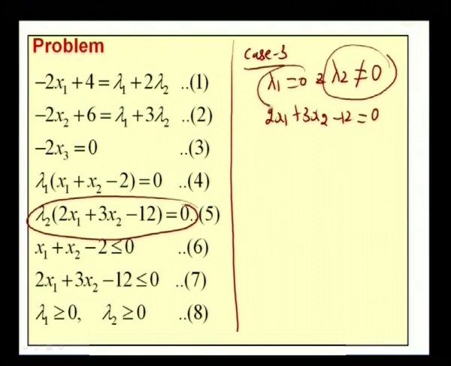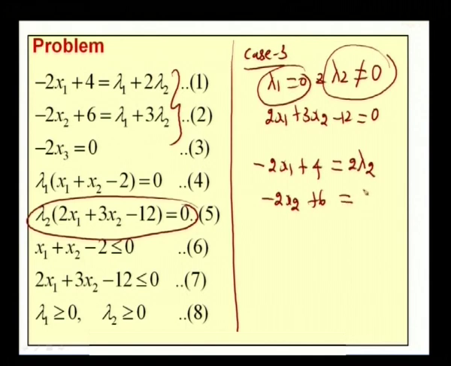Now, since lambda 1 equal to 0, from the first two equations, we have minus 2x1 plus 4 equal to the right hand side, which becomes 2 lambda 2. Next, since lambda 1 equal to 0, equation 2 gives us minus 2x2 plus 6 equal to 3 lambda 2.